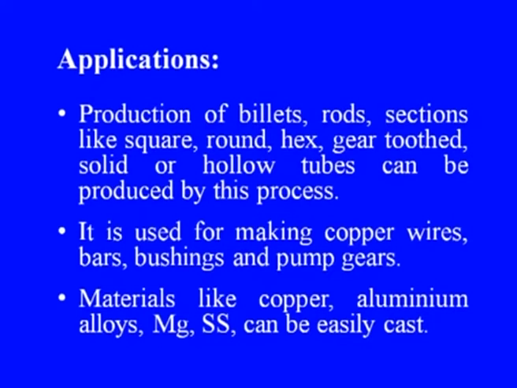The process can also be used for making copper wires, bars, bushings and pump gears. Materials like copper, aluminum alloys, magnesium, stainless steel can also be easily cast using this continuous casting process.